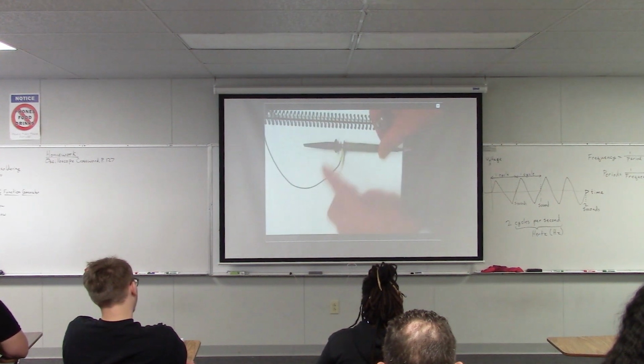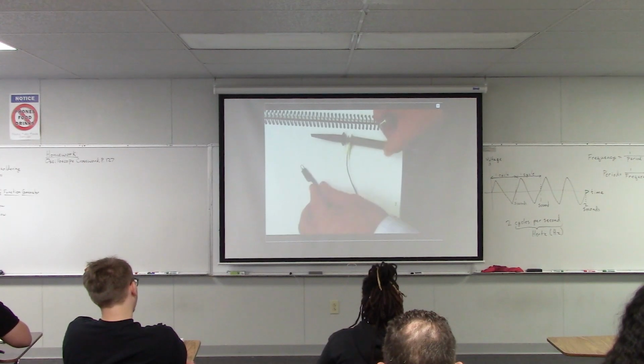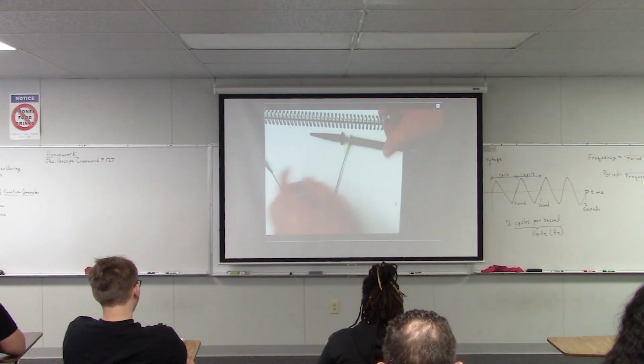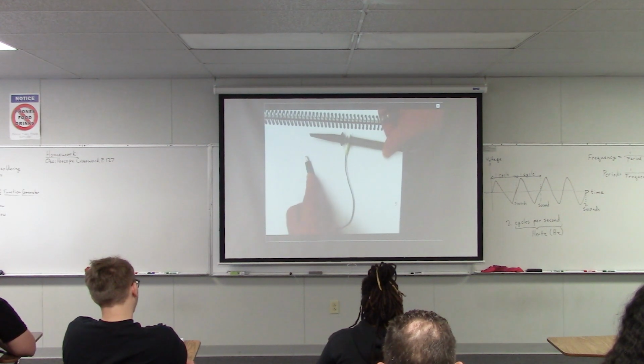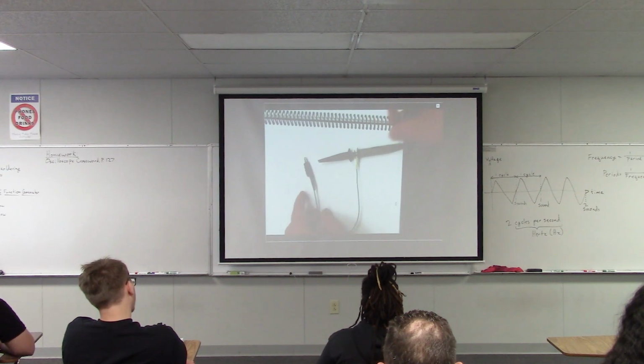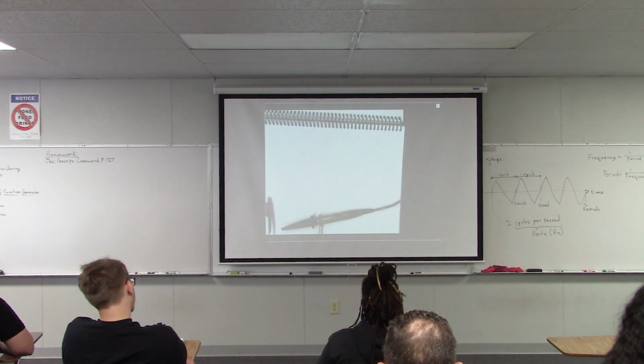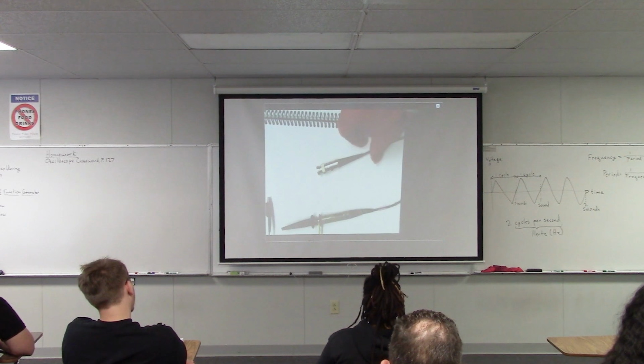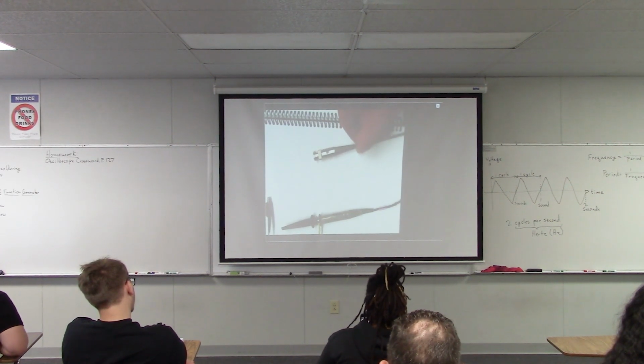That's going to be your signal probe. It's also got this little clip on the end, and that's your ground lead. You're going to connect this to ground, and you're going to connect this probe wherever you want to actually measure the signal. The other end of the oscilloscope cable also has a BNC connector on it.